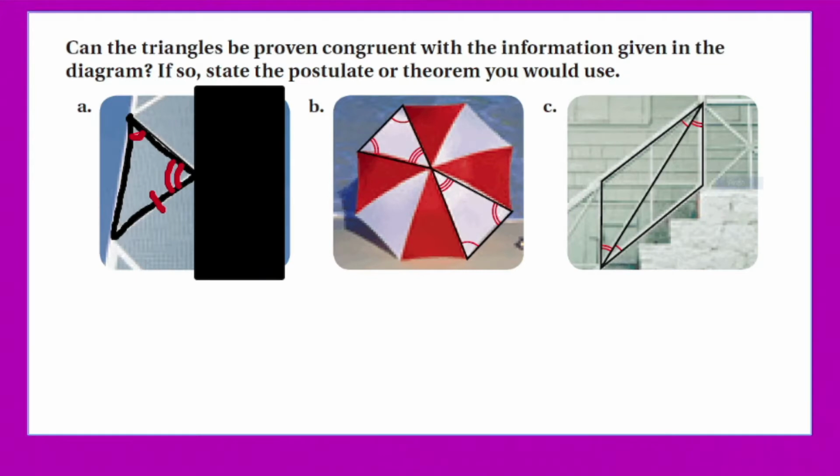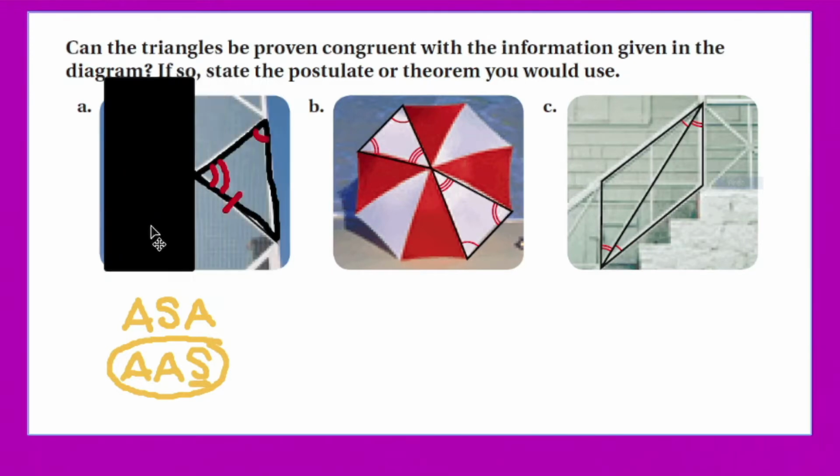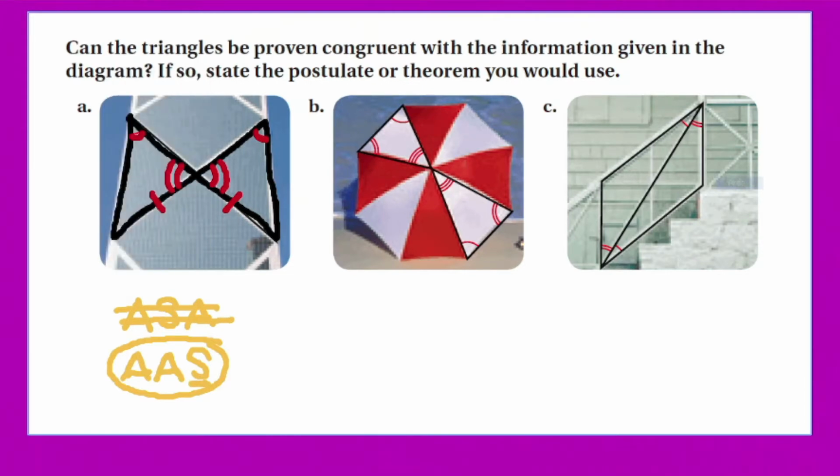Is the side positioned between the two angles, or is the side positioned just next to one of the angles? I would say the side would have to be between the angles if it was right there. So this is more of an angle-angle-side because that side is just sitting next to one of the angles. And if we checked out the other triangle, it's the same situation over there. So this would be an angle-angle-side example.